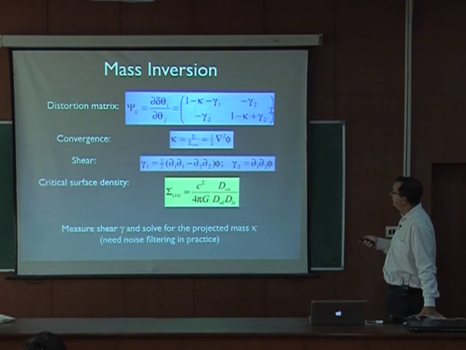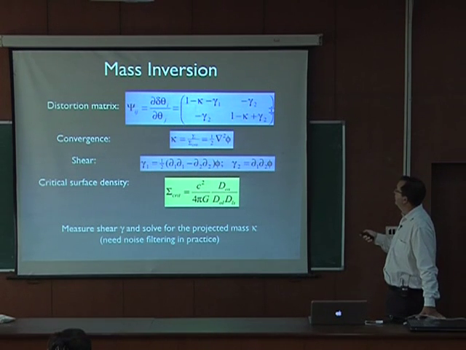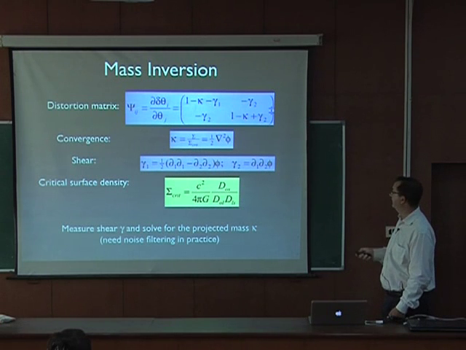And one can show, using some of the equations I showed you before, that kappa is equal to the projected mass density over the critical mass density, as we saw in the lensing equation. Or you can define the lensing potential, which is a projected version of the gravitational potential, and then kappa is basically the Laplacian of this lensing potential, while gamma is given by different derivatives of this lensing potential.